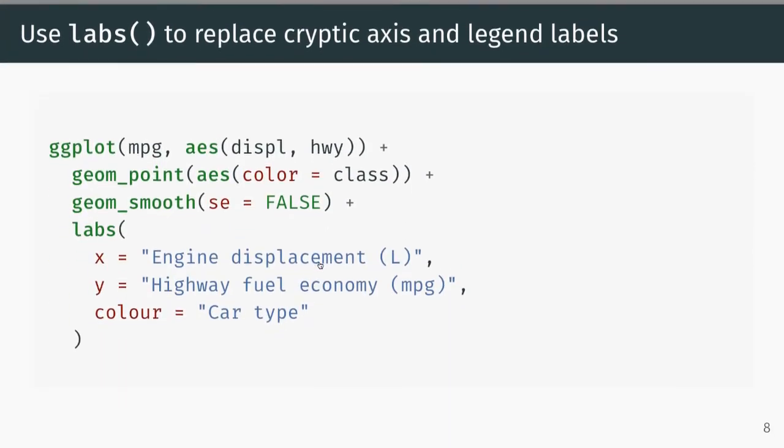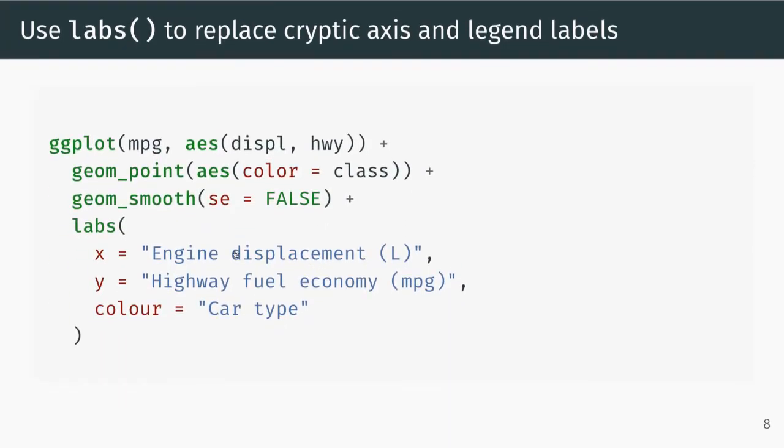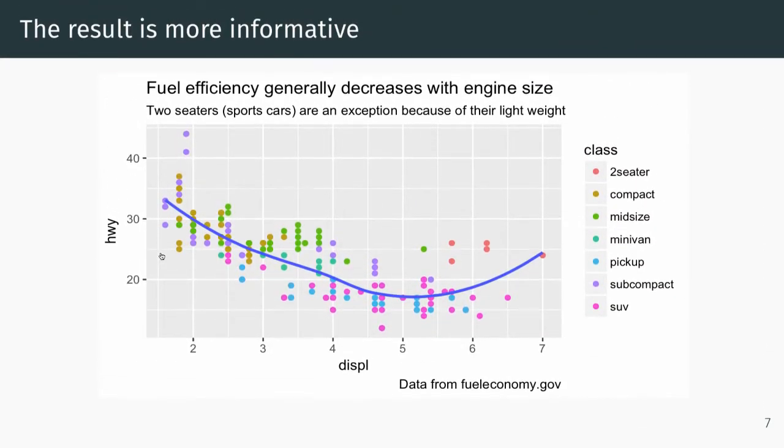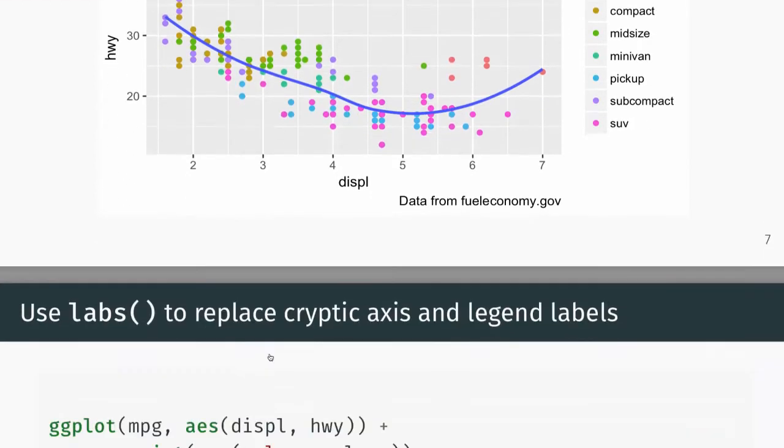Now we can use the labels to replace the cryptic axis and legend labels. So if we look back here, we see that the axes have HWY and DISPL, and this is class. Actually, class is pretty good for that, but these two could be significantly improved.